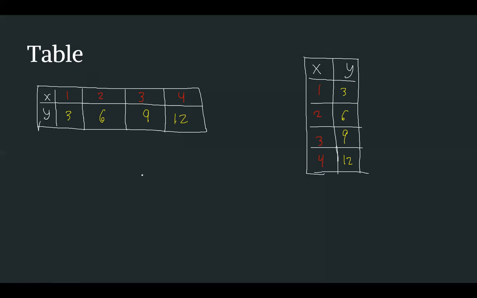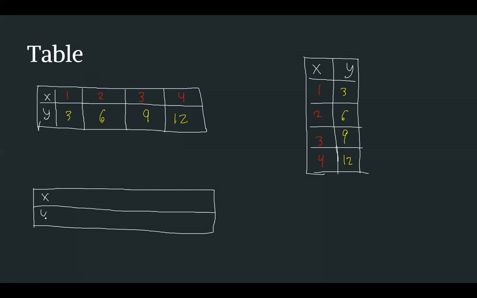So there could be another type of table actually. Let's just say we are going to make it in a horizontally oriented way. The same thing, we have X, and then we have Y. Let's just say I have 1, 2, 3, 4, 5, and 6.